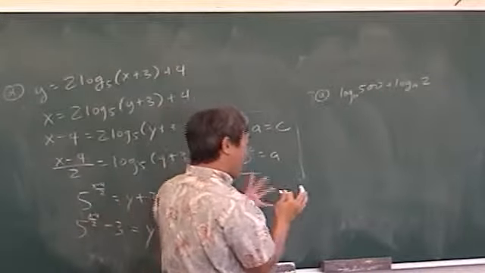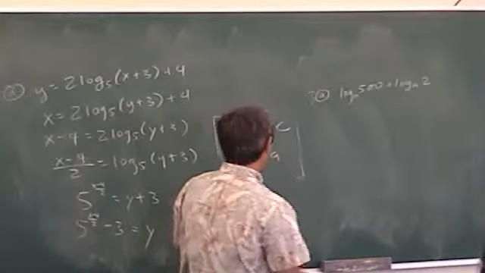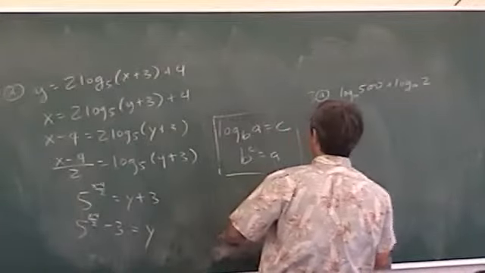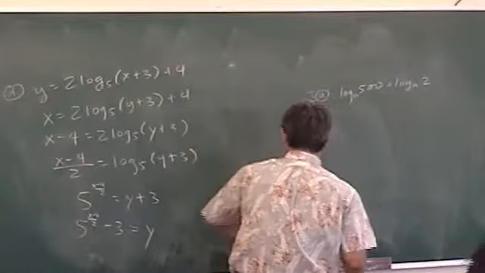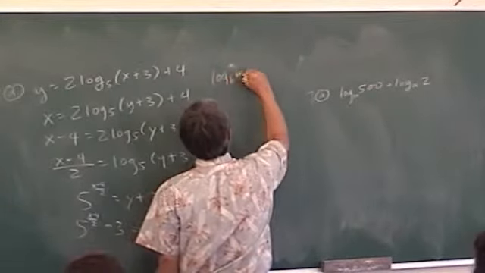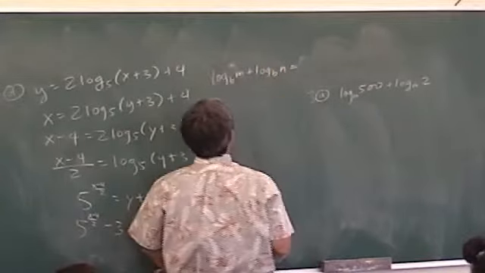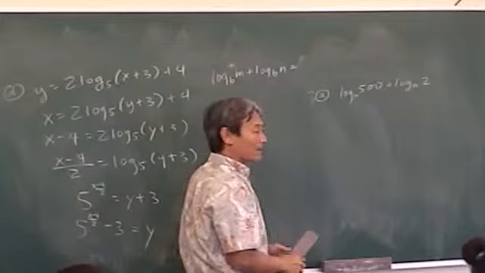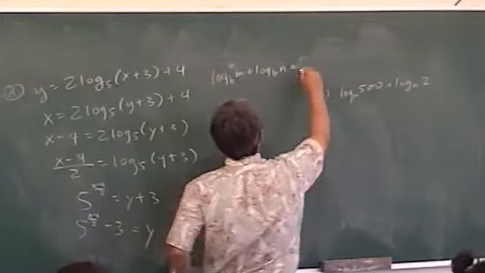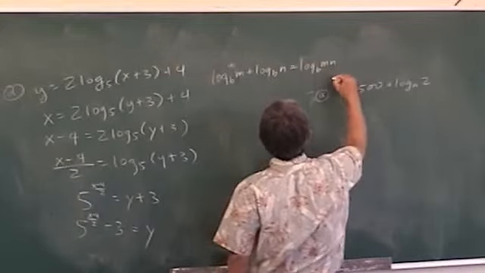Okay, now, you gotta know your 3 properties of logarithms and then the change of base formula. Let me write it down for the video. So here are your 3 properties of logarithms. Log base b of m plus log base b of n is equal to log base b of m times n.